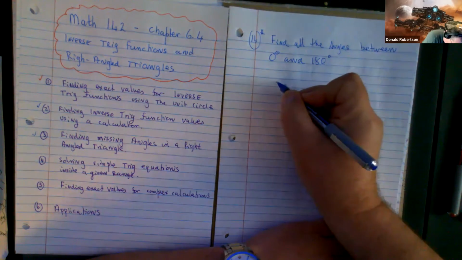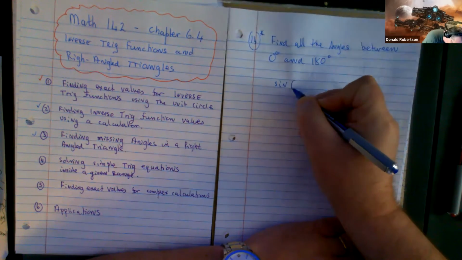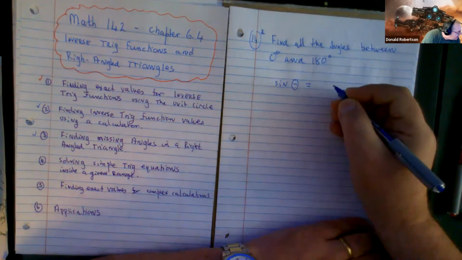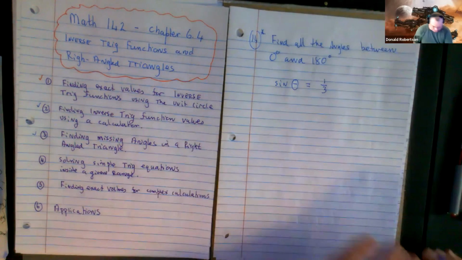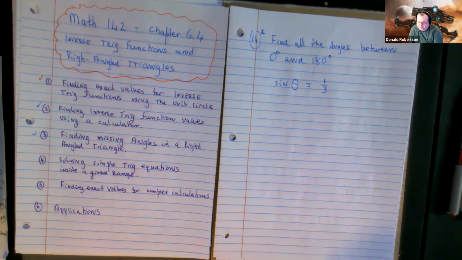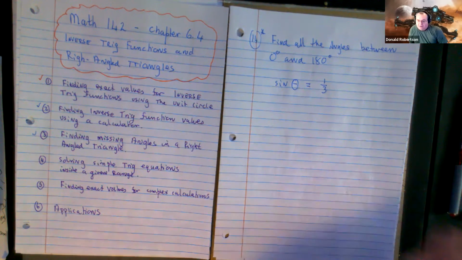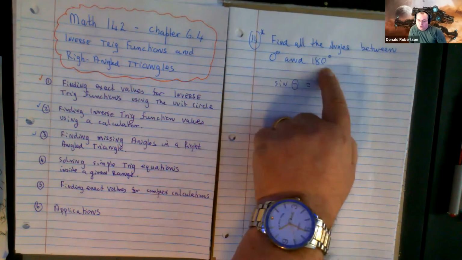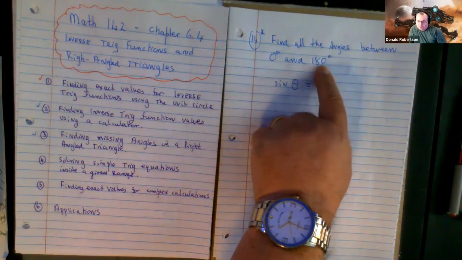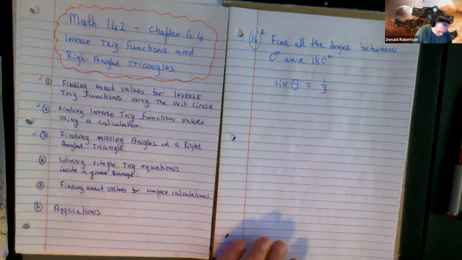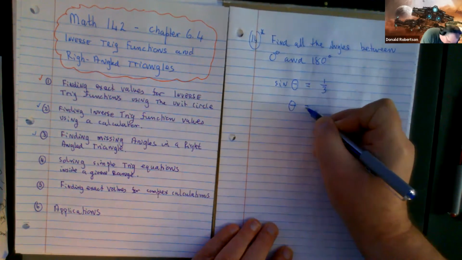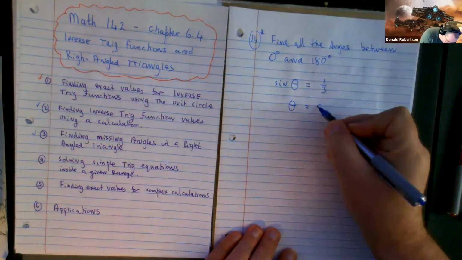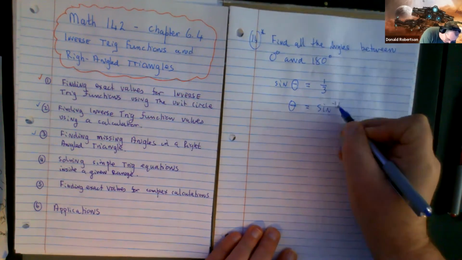So here it goes. The sine of theta is equal to 1/3. No problem here. We're looking for all the angles between 0 and 180 where this is true. Now, to get one of those angles, wouldn't we do an inverse sine of 1/3?